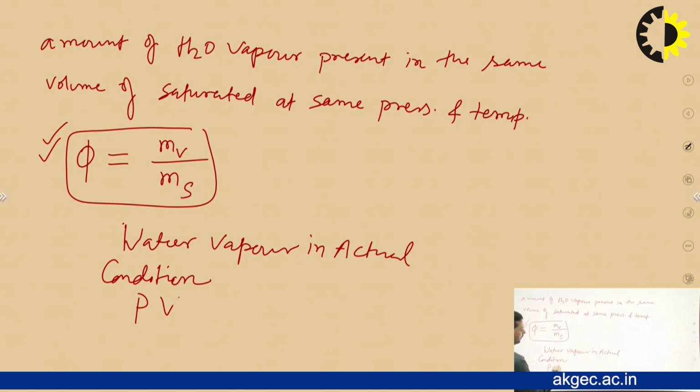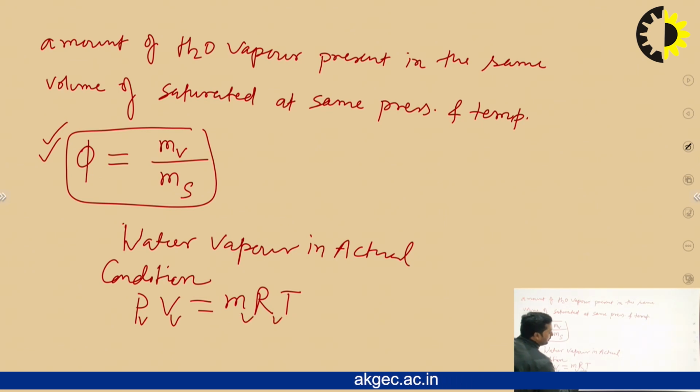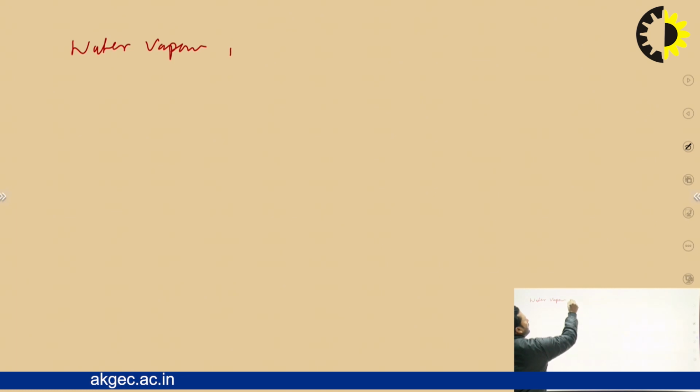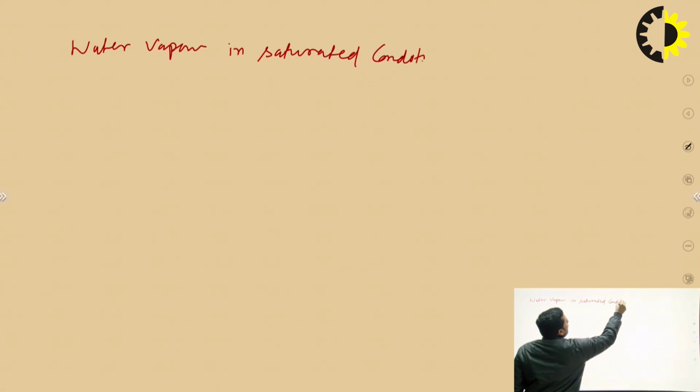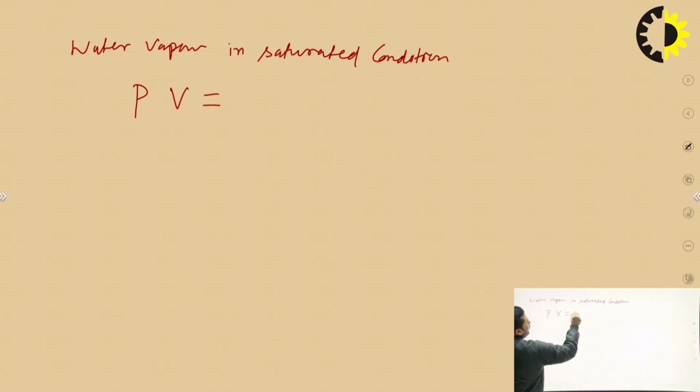If we apply PV equals mRT for water vapor in actual condition, and for water vapor in saturated condition, PV equals mRT in saturated condition.